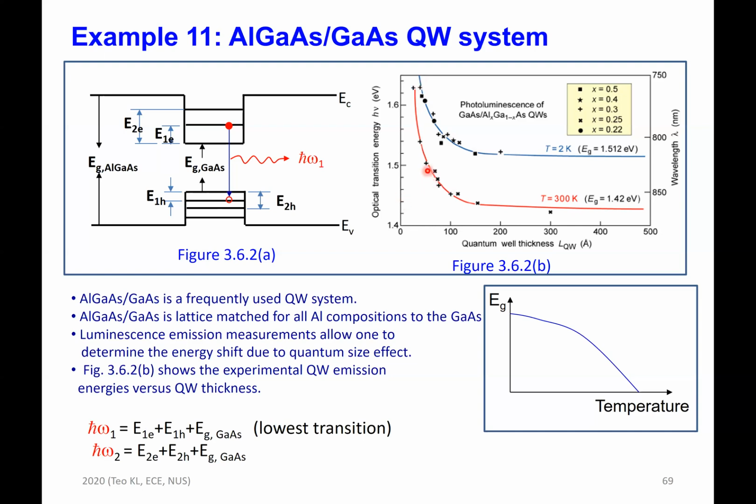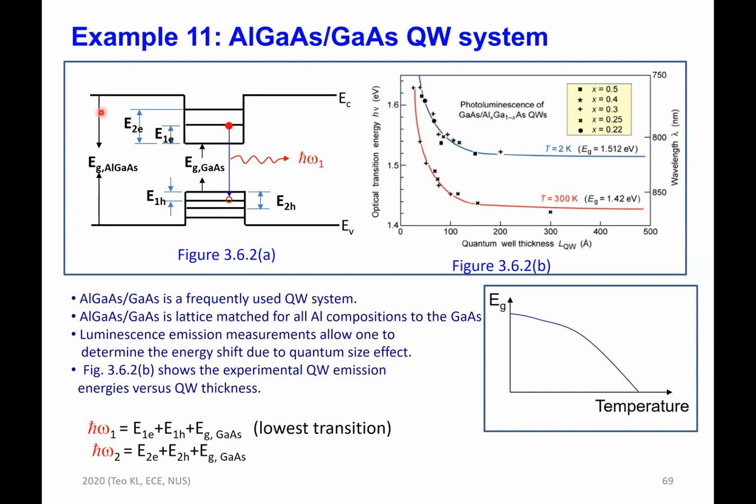Now, the cross, the star, and also the square symbol are basically due to the composition of the aluminum in the aluminum gallium arsenide. The x value down here, you change your aluminum composition, you change the band gap of aluminum gallium arsenide.